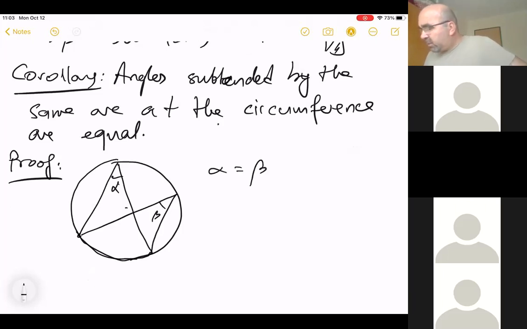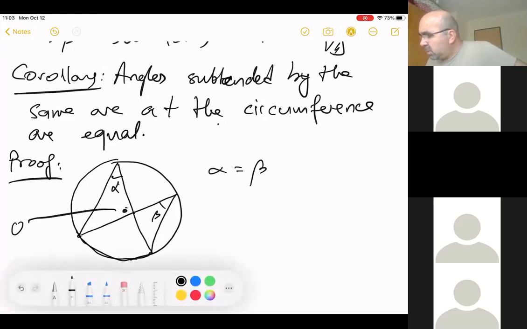For this, what do we do? Let's say for the proof that the center is here. Suppose that's the center. Maybe I can use different colors. Okay, here is a different color.